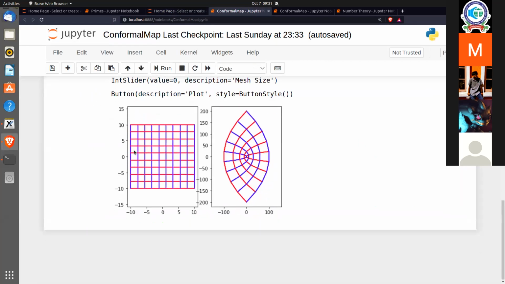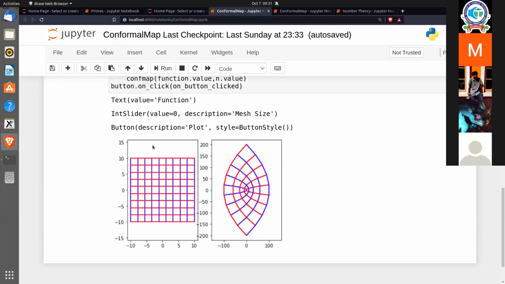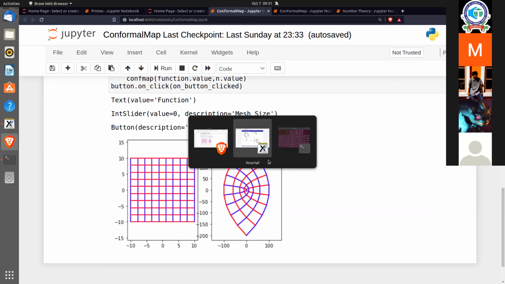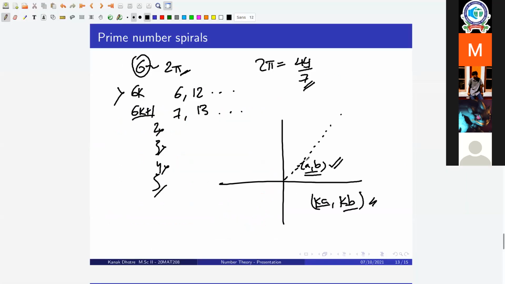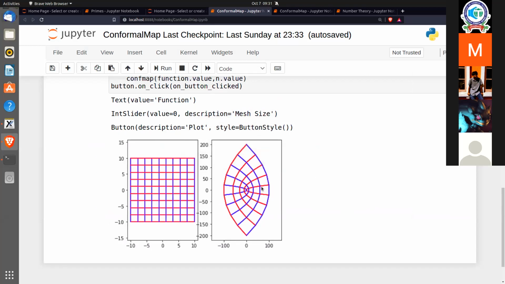So here, this is just an n cross n mesh, right? And the map that I'm looking at is z squared, which is essentially also somehow related to this Pythagorean triple map, right? So you can actually see the mesh getting deformed in this shape here.